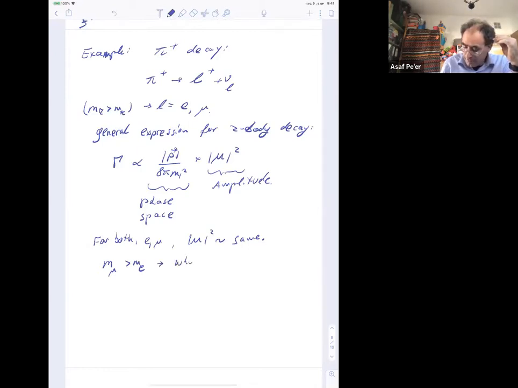So when the pion decays into an anti-electron, the electron has much higher momentum.